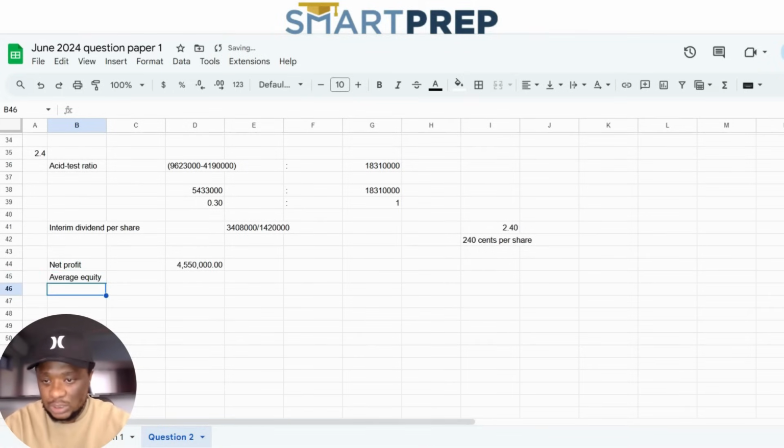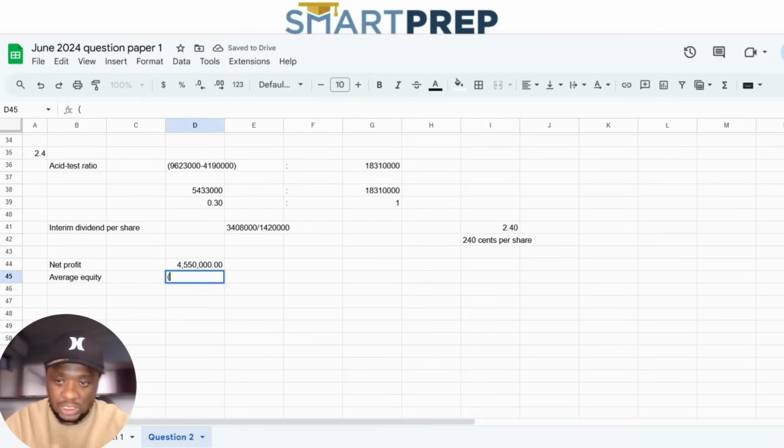So average equity means that we're going to take our shareholders' equity at the beginning and at the end of the financial year, and then we'll multiply it by 0.5 or divide it by 2.